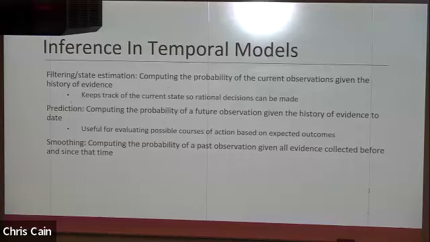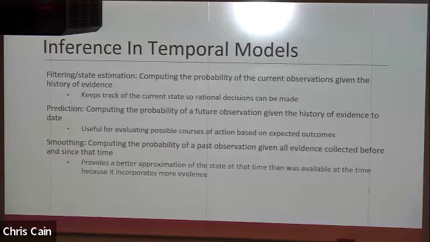So we can go back and smooth our estimates for what happened in the past to help us better predict the future. So we call that smoothing. We have more evidence as we question and query more, so we can make better estimates for what happened based on more context: future-looking context in addition to past-looking context.